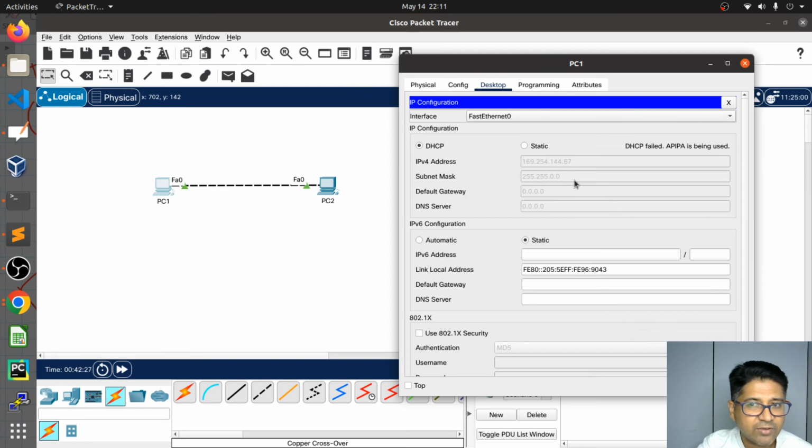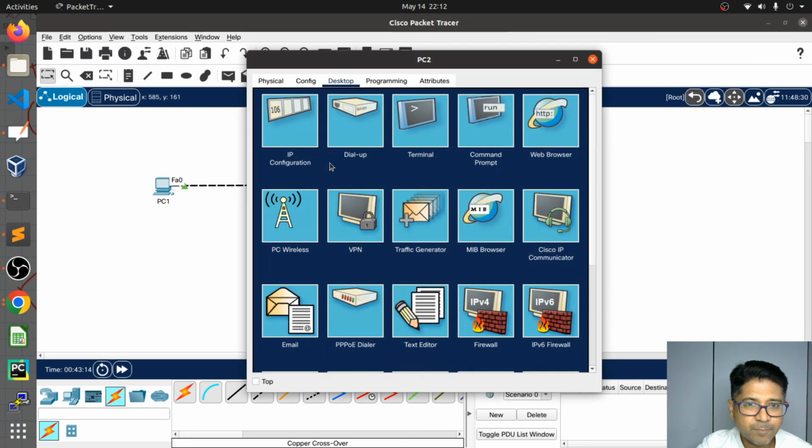Class B. If you remember, in class B the network part is two octets, slash 16, and 169 belongs to class B. Slash 16 means these two octets are reserved, so all the IPs are going to start from 169.254.